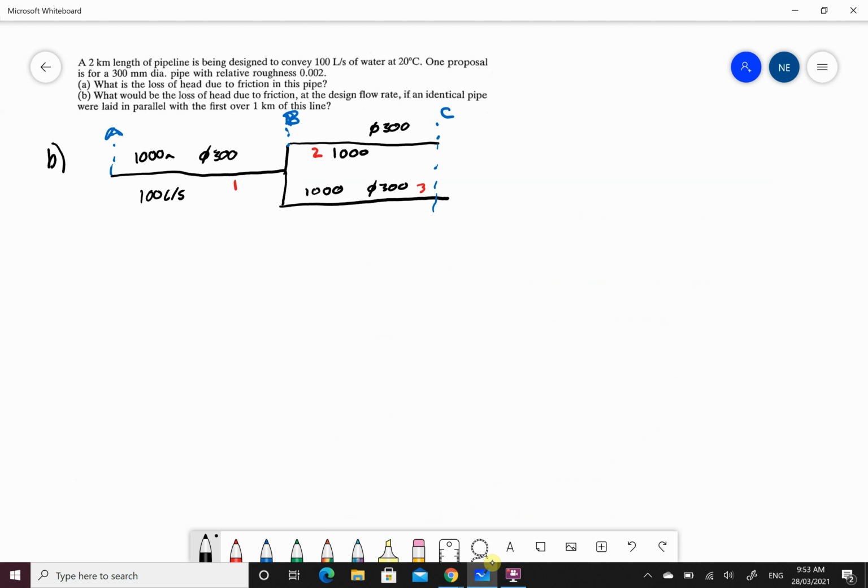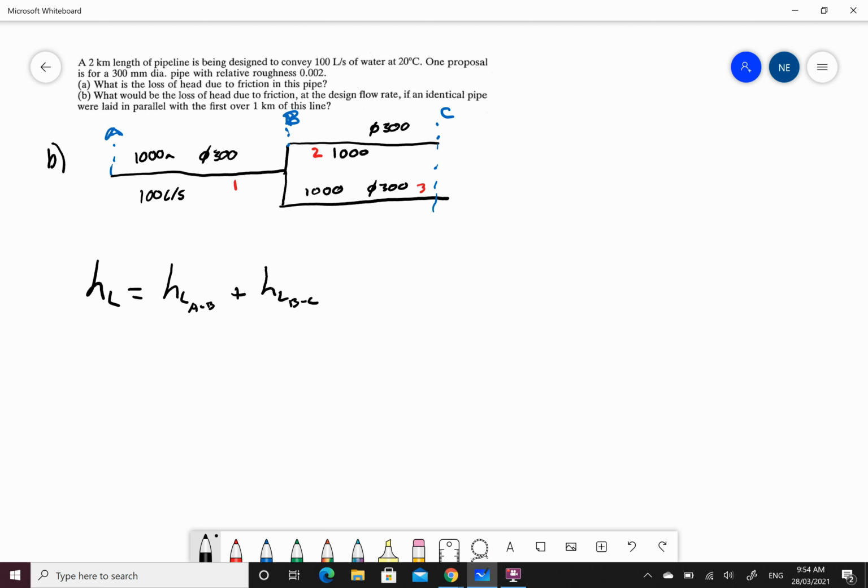So what do I have? My head loss is equal to, because this can be seen as pipes in series and pipes in parallel, the water flows between A and B, which means I have a head loss between A to B, and then I also have a head loss between B to C. So we add the friction loss from here to here, and then we use the other formula for the pipes in parallel.